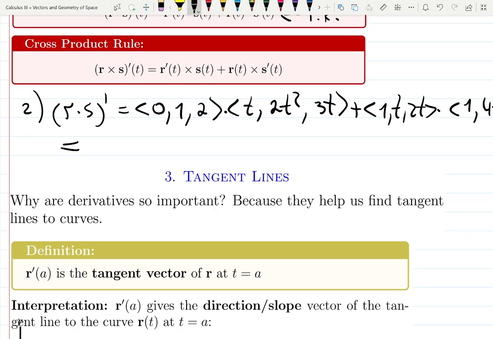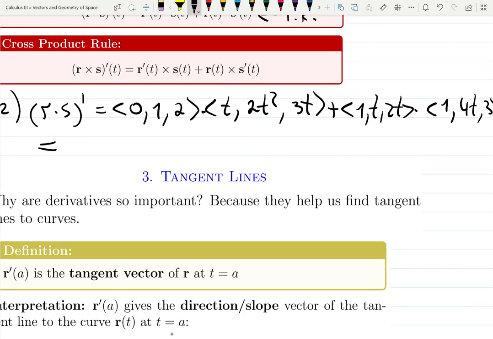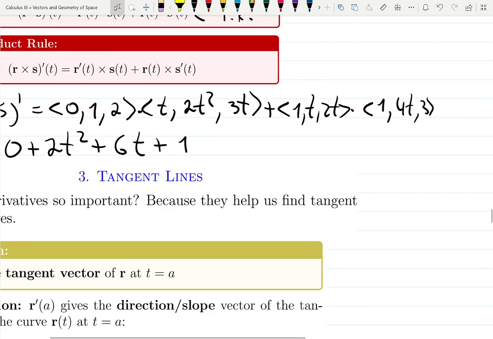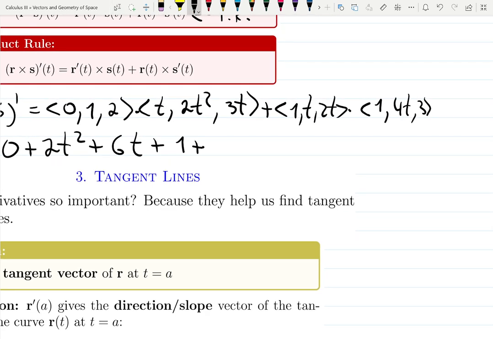And now when you finish doing this, this is again a dot product. 0 times t is 0, plus 1 times 2t squared, plus 2 times 3, that's 6t, plus 1, plus 4 times t, 4t squared, plus 6t.